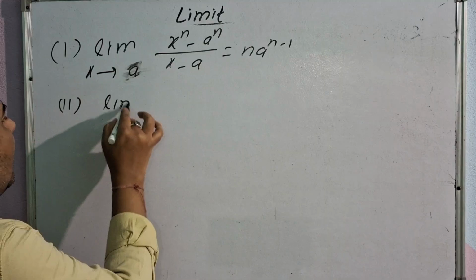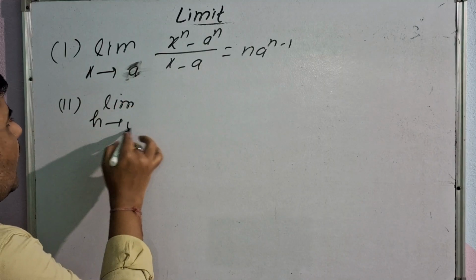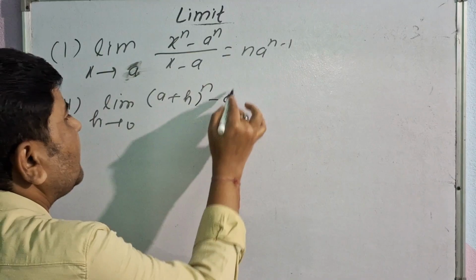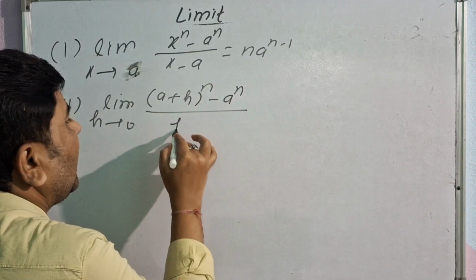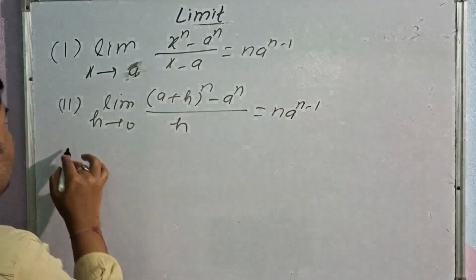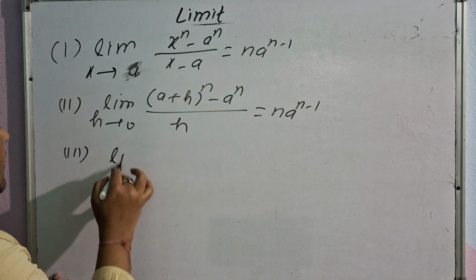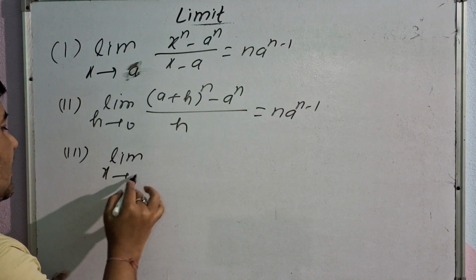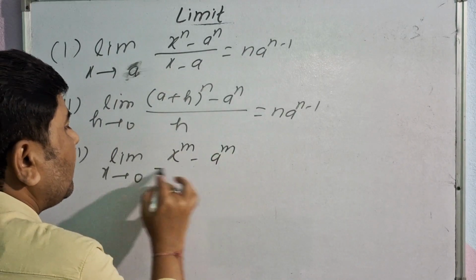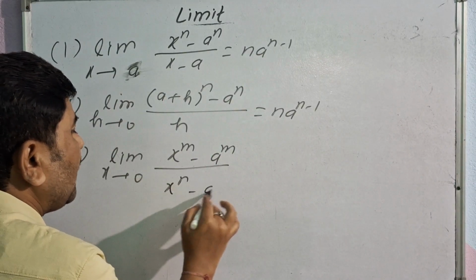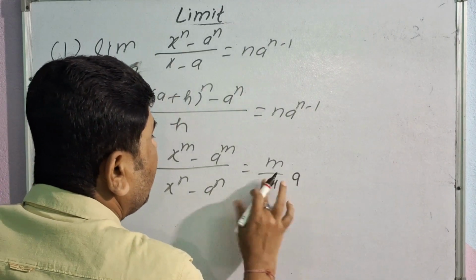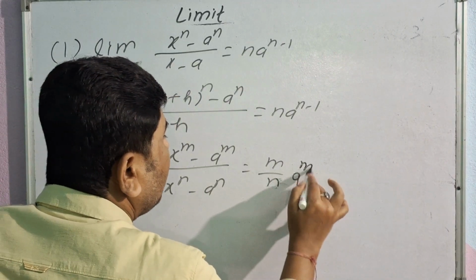Second: limit h tends to 0, ((a plus h) to the power n minus a to the power n) by h is also n a to the power n minus 1. Third: limit x tends to a, (x power m minus a power m) by (x power n minus a power n) equals m by n a to the power m minus n.